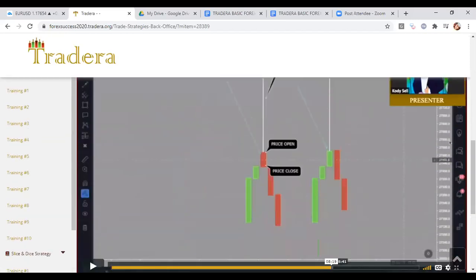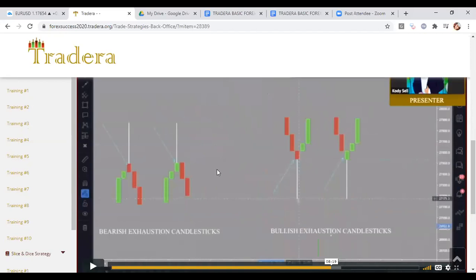Okay, so all right, bullish exhaustion right here on the right hand side. Bullish exhaustion can be for a bullish candle or a bearish candle. You're going to see the long wick on the bottom. It means that price went down that far but did not sustain itself.